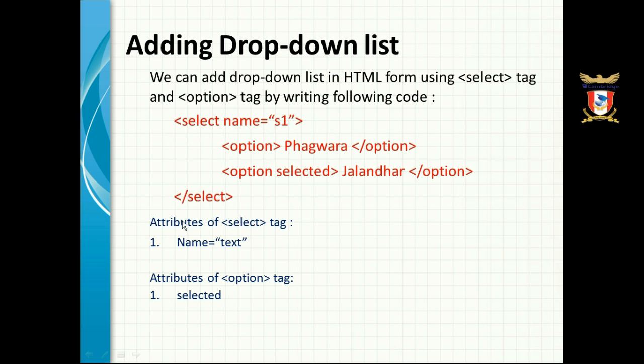The attribute that we can use with the select tag is name, the identity of select tag. Then the attribute that we can use with option tag is selected. If you want some item to be initially selected, then you have to use selected, but this one is an optional attribute of option tag.